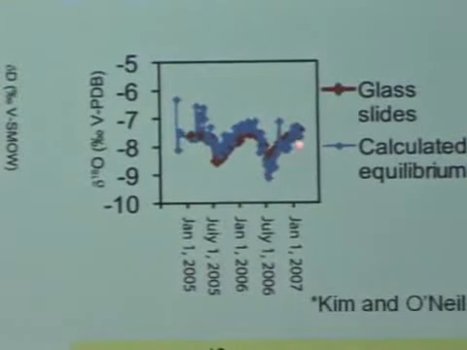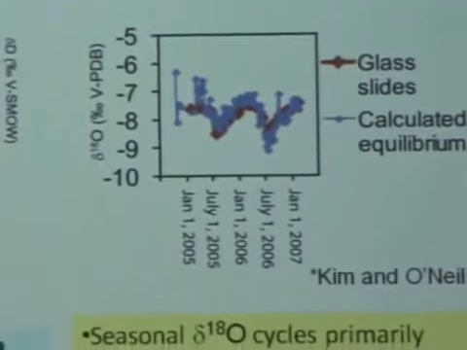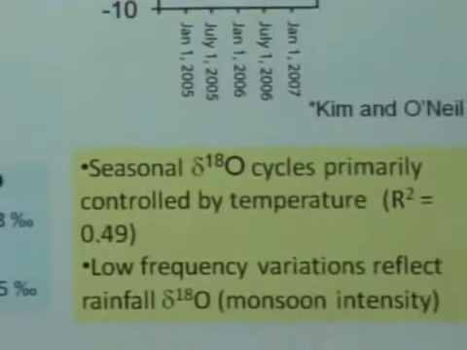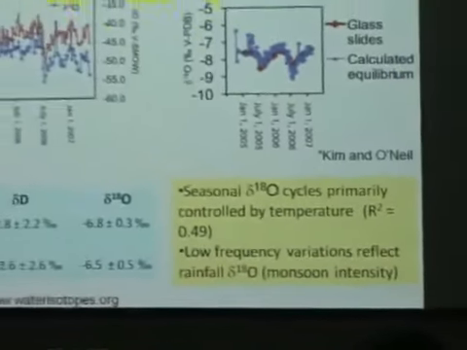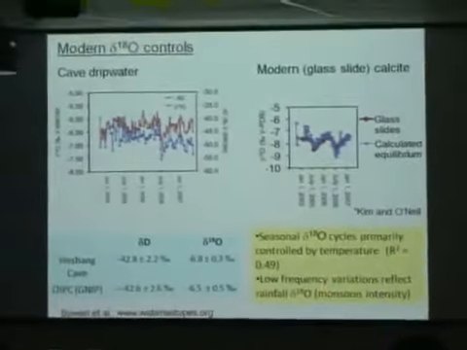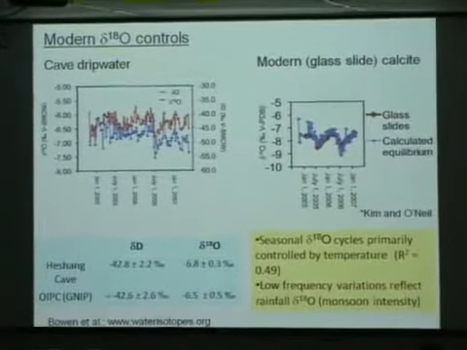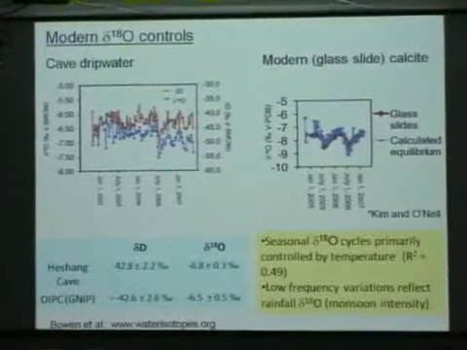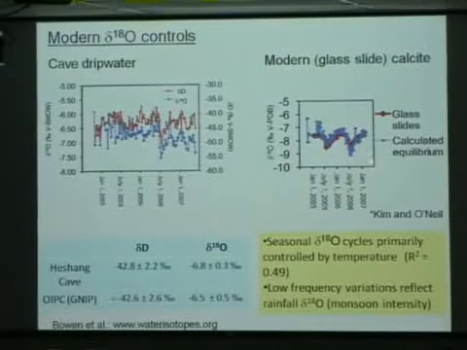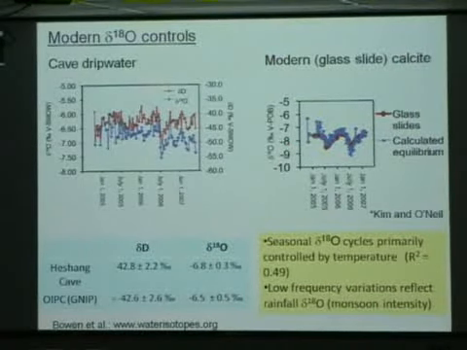The seasonal cycles are primarily controlled by temperature, whereas I've already talked about the low frequency, longer term variations, which are reflecting changes in rainfall delta 18 related to monsoon intensity. So oxygen, depending on what time scale you look at, can tell you potentially about seasonal temperature cycles or rainfall.